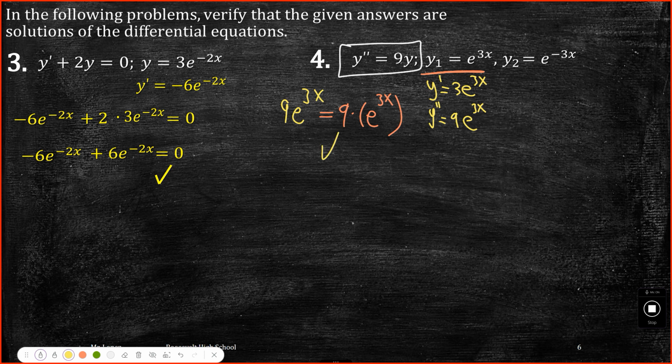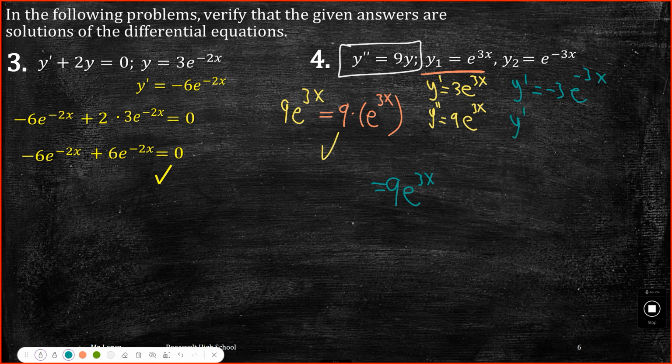So now let's do it for this one. 9 e to the 3x on the right, and then we got to do it here on this one. So y prime is what? Negative 3 e to the negative 3x.